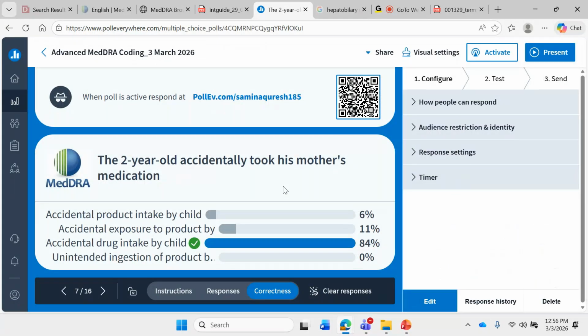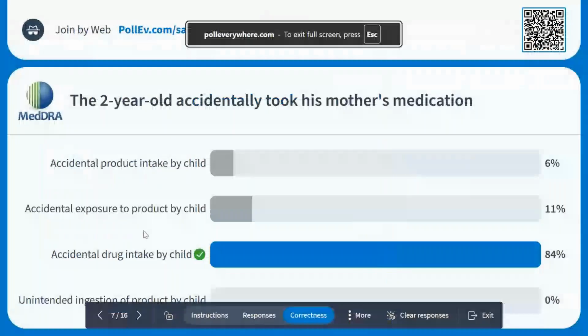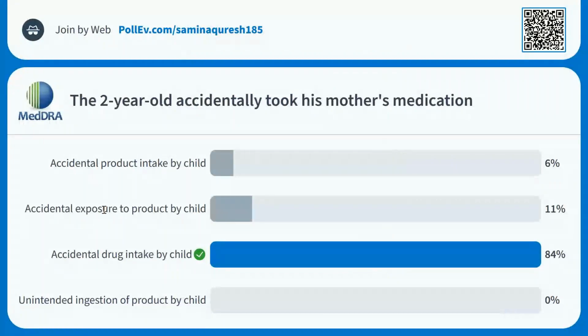The verbatim tells us he accidentally took his mother's medication. So there was drug intake by the child. Accidental exposure to product by child is more broad. As I said, the exposure term in MedDRA can mean exposure to skin, exposure to the eye, right? It's much broader. Here, this is more precise as to what actually happened. He took drug intake. So I wouldn't use exposure because it could mean many different things.